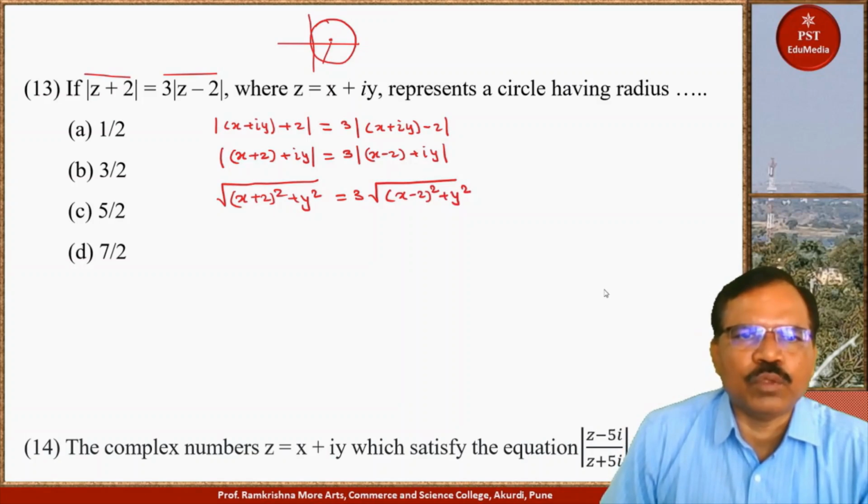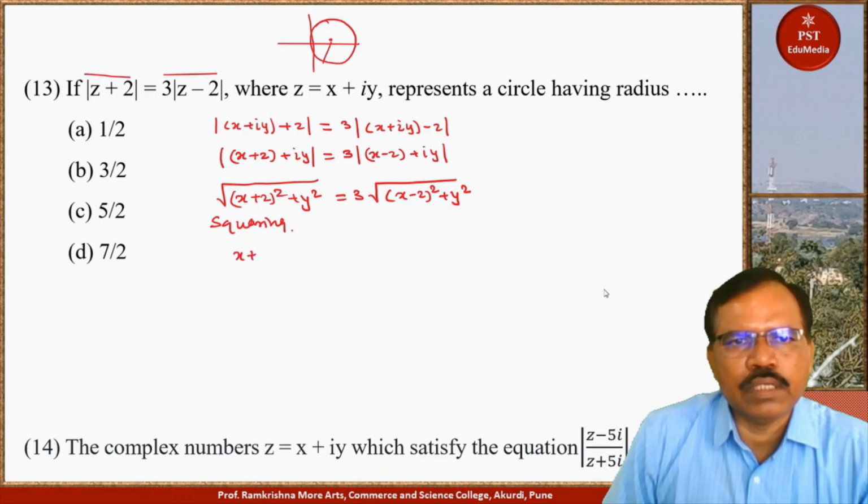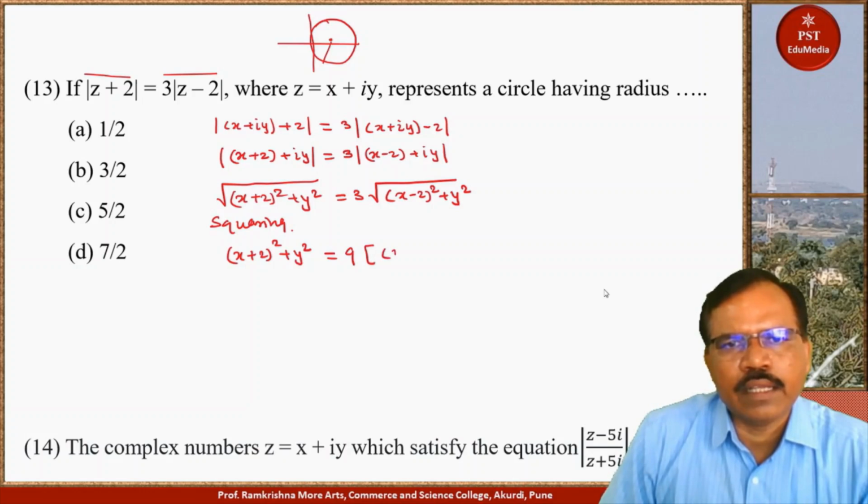Now squaring on both sides, we get here x plus 2 square plus y square is equal to 9 in bracket x minus 2 square plus y square.